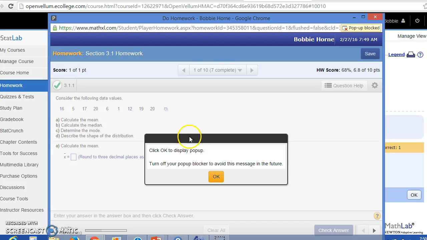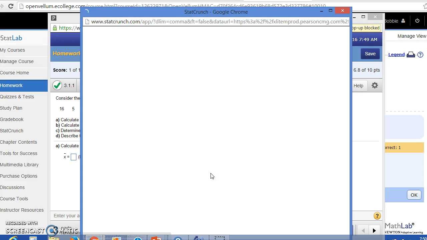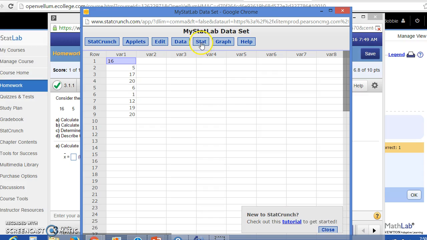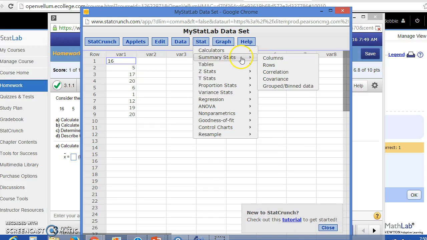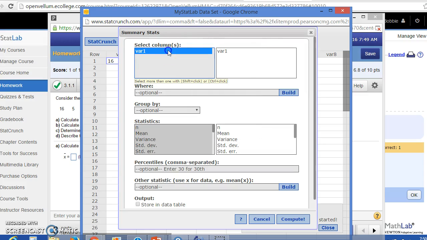So you open StatCrunch, and you go to Stat, and then you go to Summary Stats, Columns. Click on variable 1, and then you can select everything.